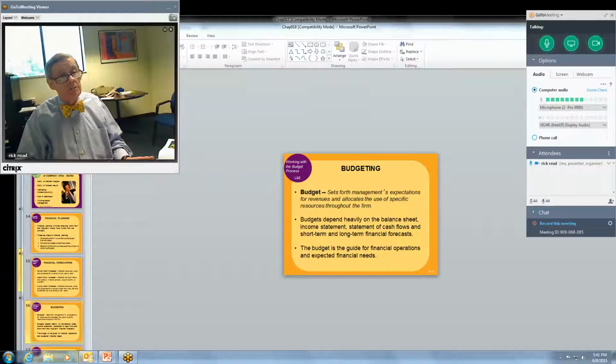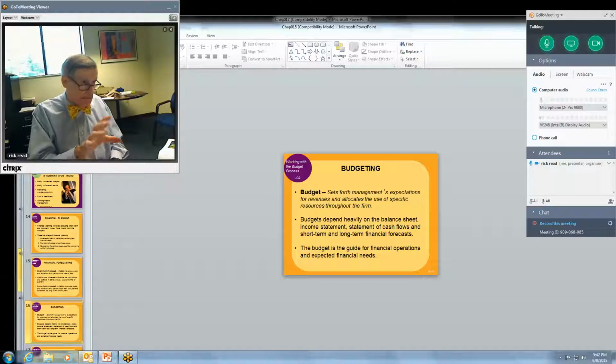That's where budgets come from. We talked about what the balance sheet tells us, that it gives us some idea of the cash flow and long and short-term forecasts, etc. So notice here what it says at the bottom, and I used a little bit different term. It says it's a guideline for what we want to do and how we want to go. I use something different, but it's the same thing. And it tells us where we want to go and how we want to get there.